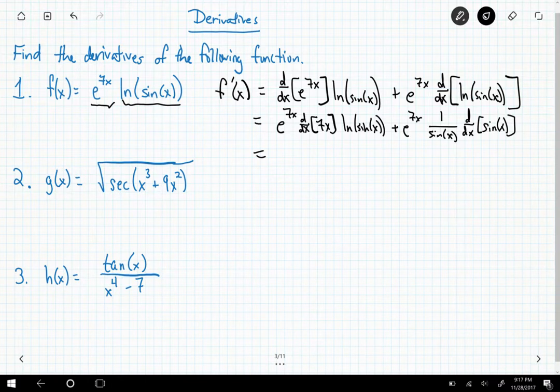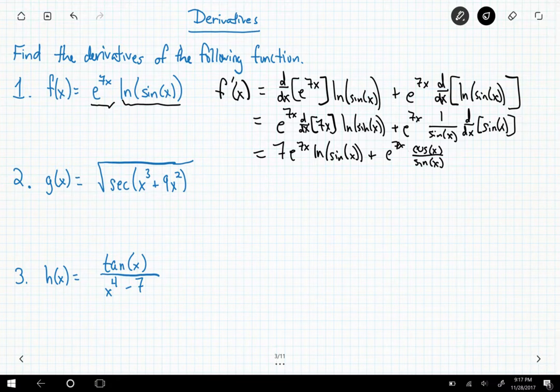That derivative is 7, so I'll pull that out in front: 7e to the 7x times natural log of sine of x, plus e to the 7x times the derivative of sine, which is cosine. I'll put that up top: cosine x over sine of x, or a better way to have written that is just cotangent of x. And so if you want to jump to that step, go for it. That's awesome. If not, no big deal.